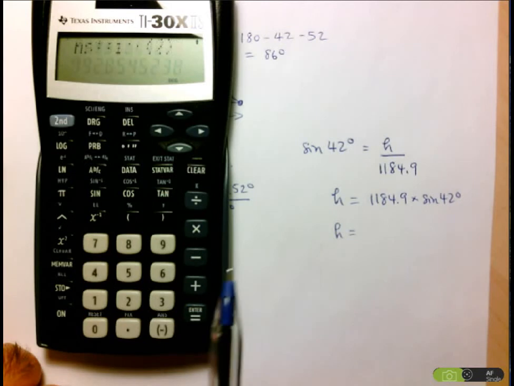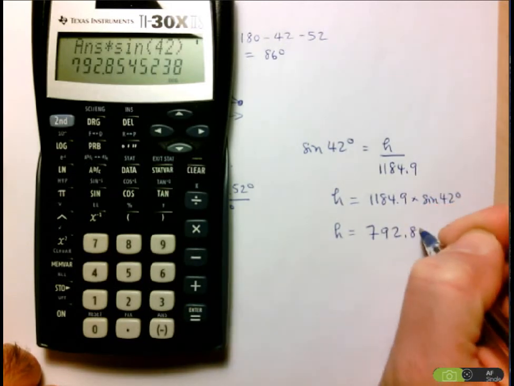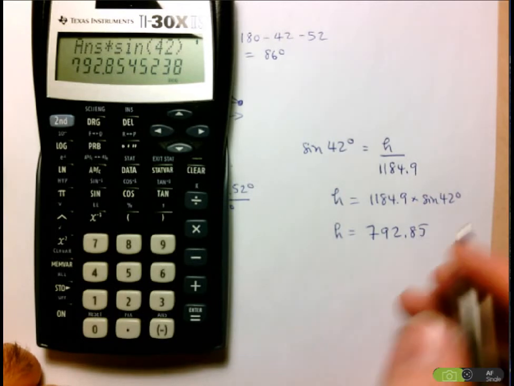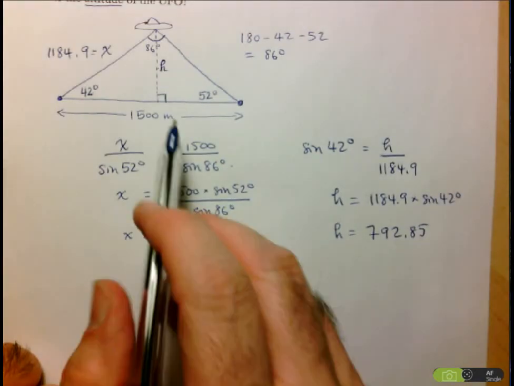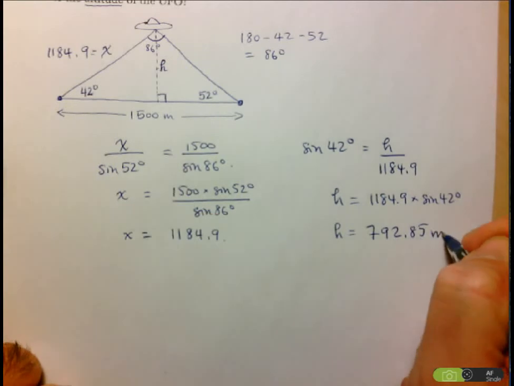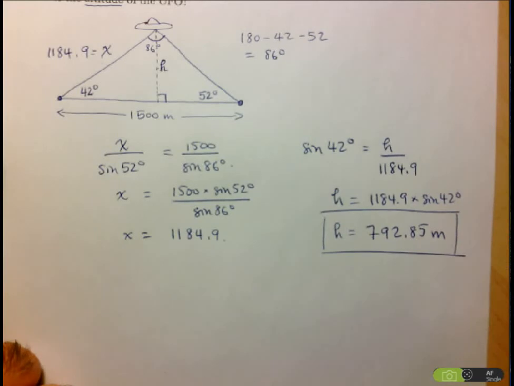We get 792.85. Going back to our question, we realize that the units are in meters, so this is 792.85 meters.